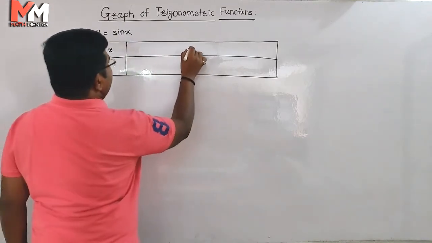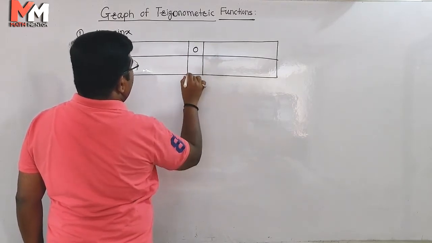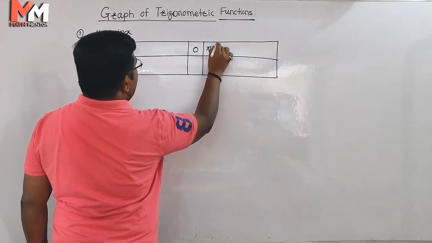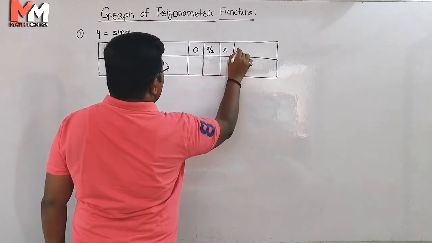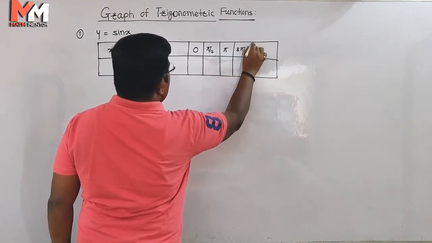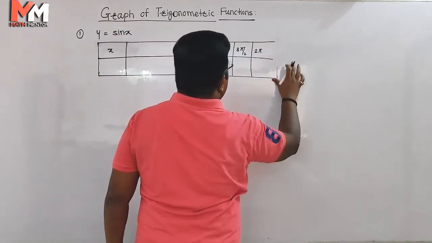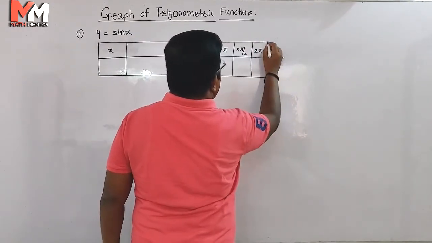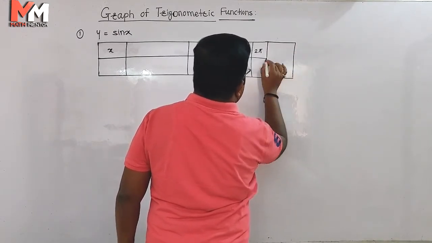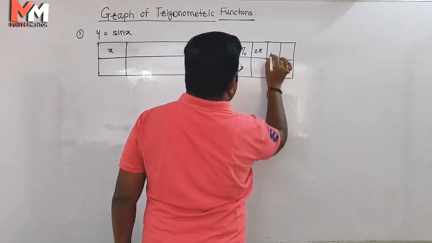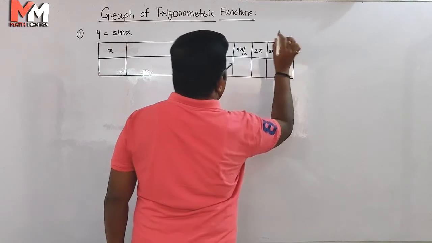So here the center is 0, then pi by 2 on the right side, pi, 3 pi by 2, 2 pi, 5 pi by 2, and 3 pi.